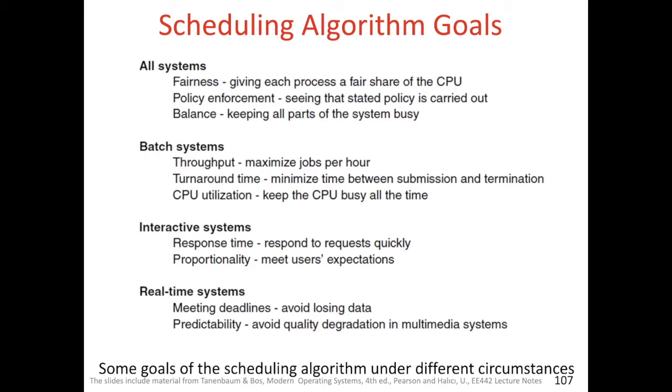For interactive systems: response time, respond to requests quickly; proportionality, meet users' expectations. For real-time systems: meeting deadlines, avoid losing data; predictability, avoid quality degradation in multimedia systems. Some goals of the scheduling algorithms under different circumstances are listed here.